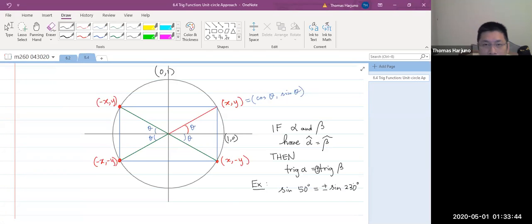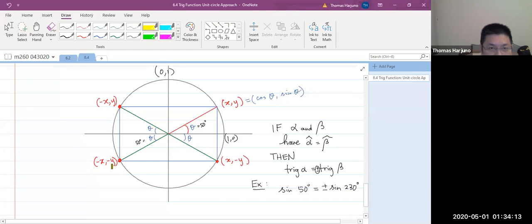Because if we look back here, suppose this is 50 degrees and 230 degrees has this reference angle 50 degrees also, right? Then the sine of 50 degrees, in this case is y, will be equal to or opposite to sine 230 degrees.